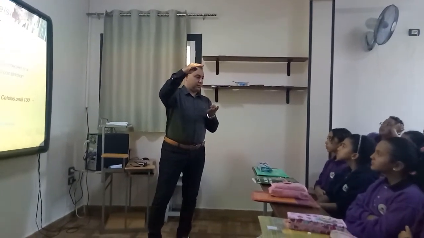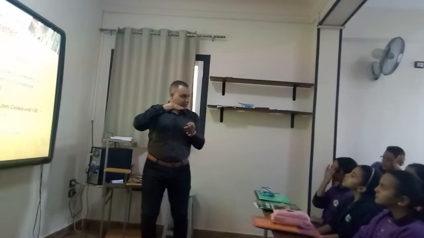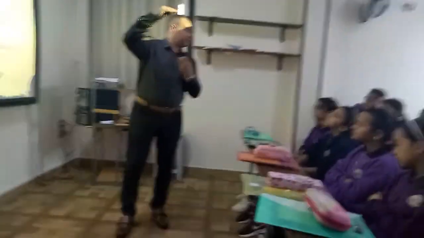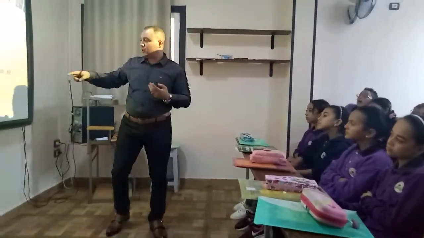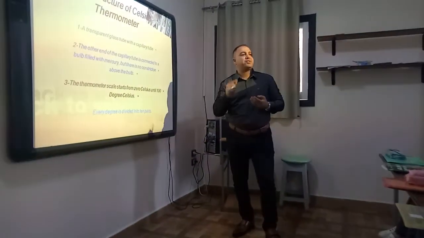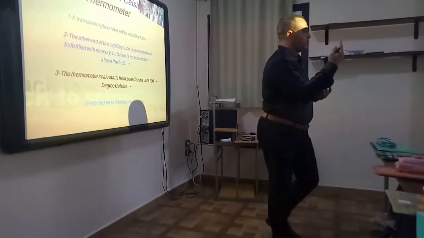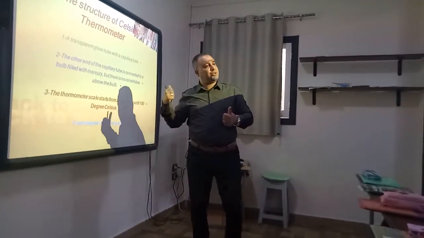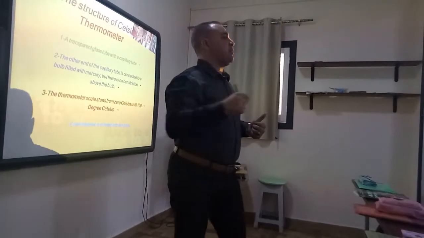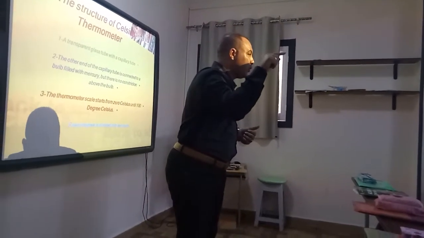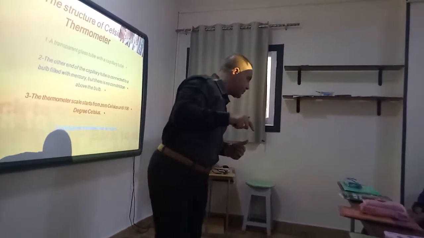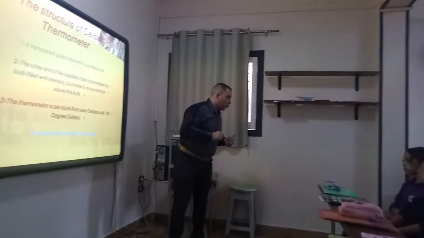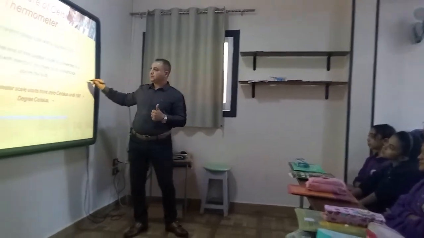There are 10 dots between 0 and 10, and from 10 to 20, 10. Each degree is divided into 10 parts and each one equals 1. But in the medical thermometer, it's divided into 10 parts, but each part equals 1 over 10. Understand?